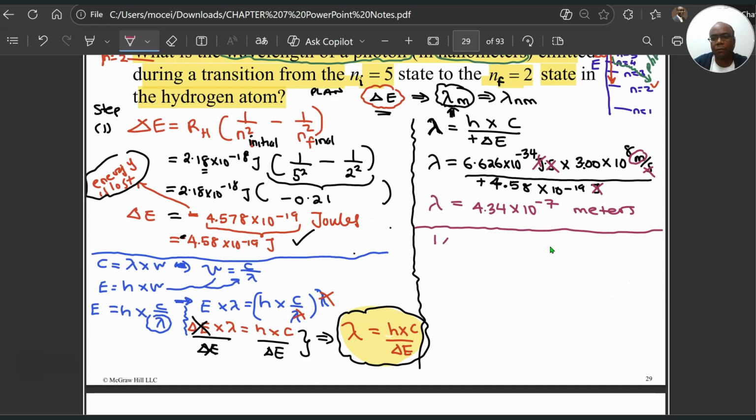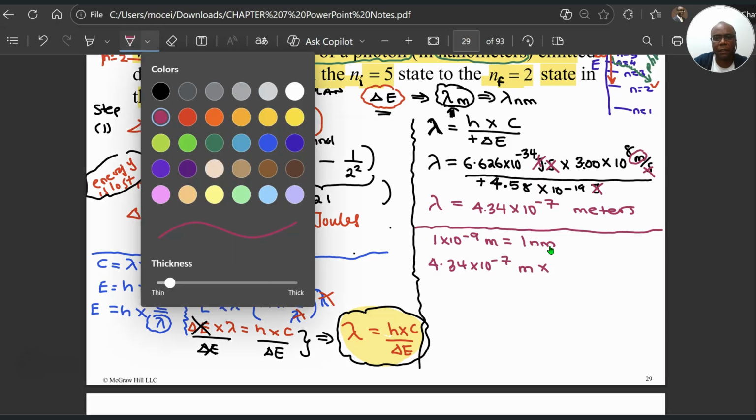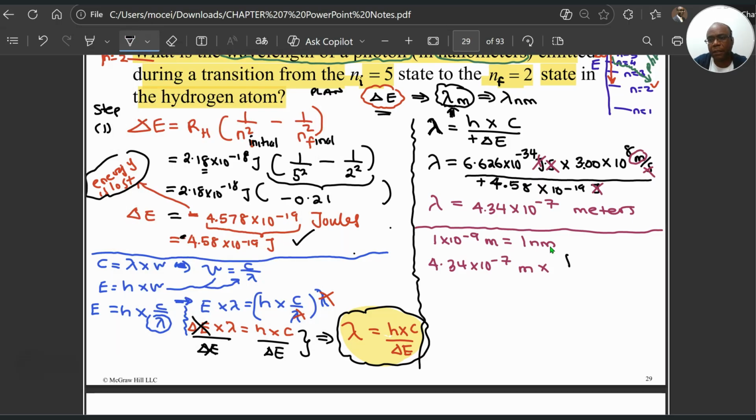I know that 1 times 10 to the power negative 9 meters is equivalent to 1 nanometer. So I'll take my 4.34 times 10 to the power minus 7 meters and multiply by my conversion factor. I want nanometers in the numerator because that's where I'm going. So 1 nanometer is equivalent to 1 times 10 to the power minus 9 meters.